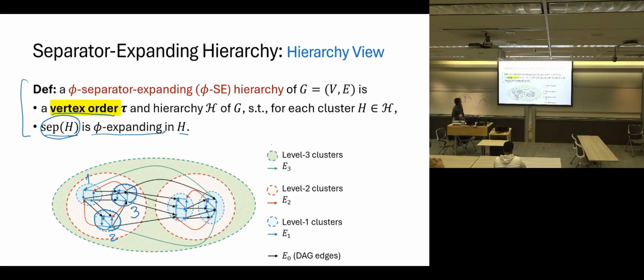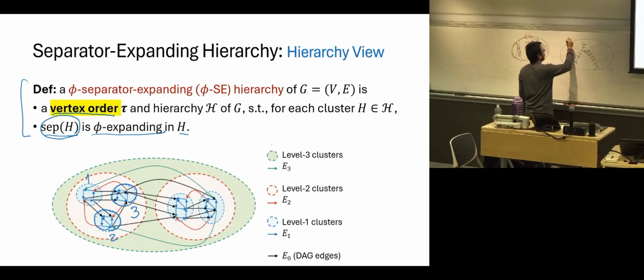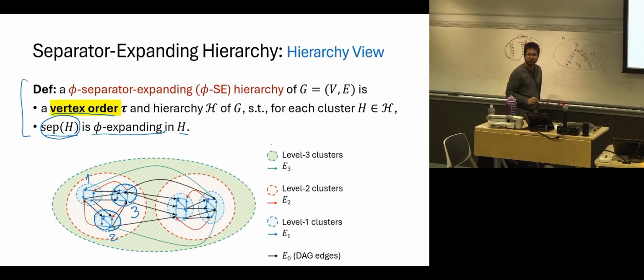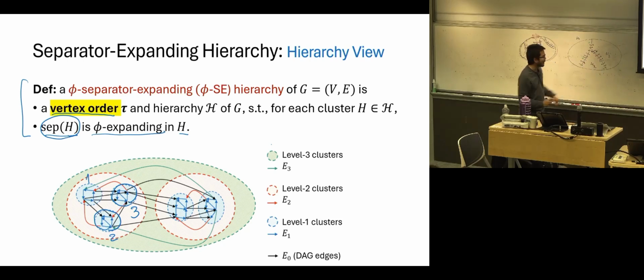So this is H1, H2, H3. Once I find this kind of separator, now I can write down my vertex order in such a way that I know everything here is H1.